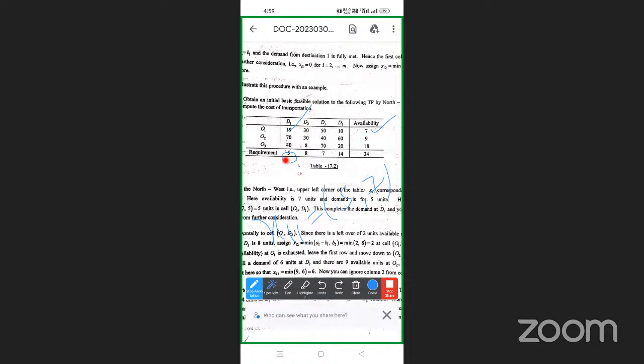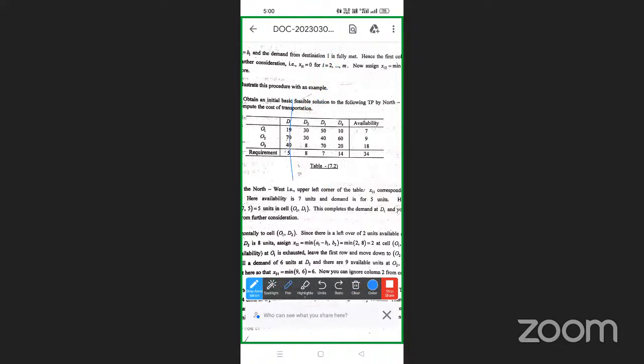So allocate 5 to the cell with cost 19. The requirement 5 minus 5 is 0, so cross out the entire column.